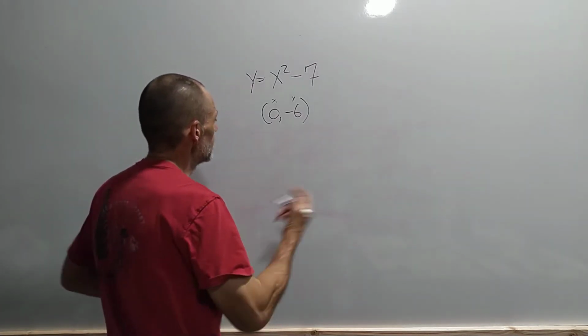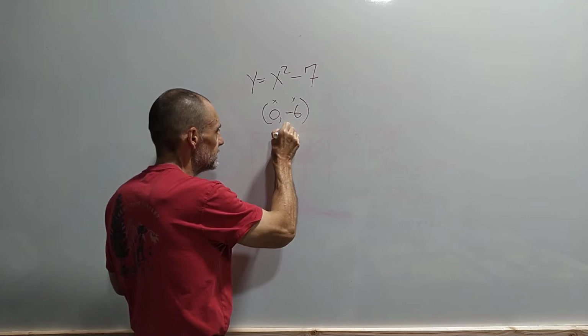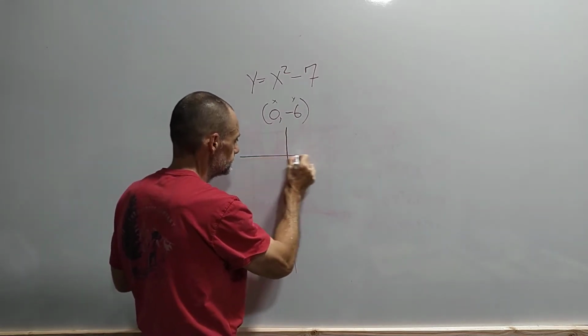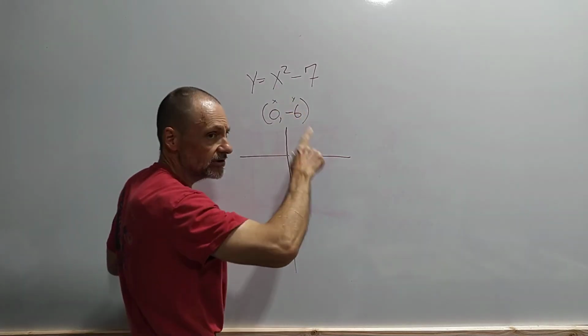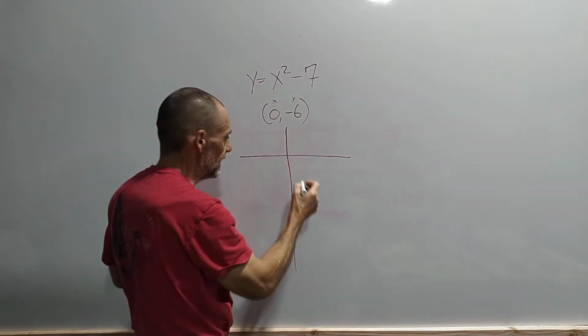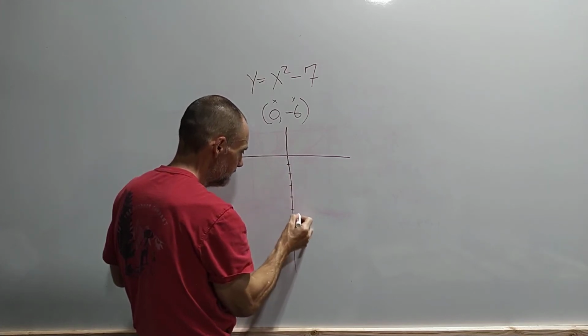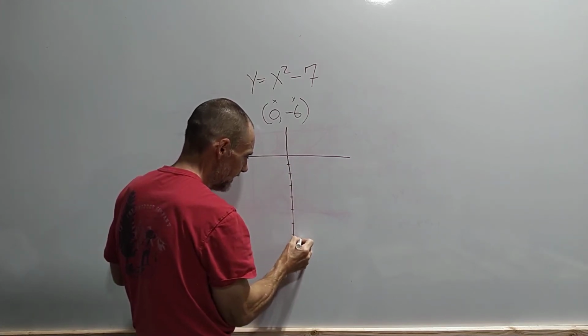Okay, so we're going to need a coordinate system. y equals x squared, just a smiley parabola, minus 7. It's just shifted down 7. So 1, 2, 3, 4, 5, 6, 7, negative 7.